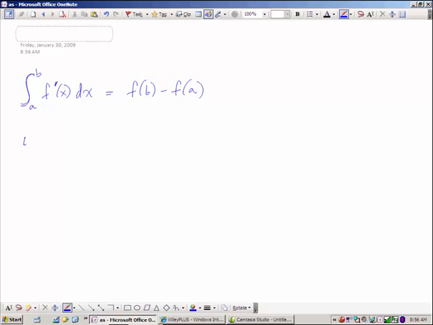They say, let little f of x be the derivative of capital F of x. Then, here's the rule.